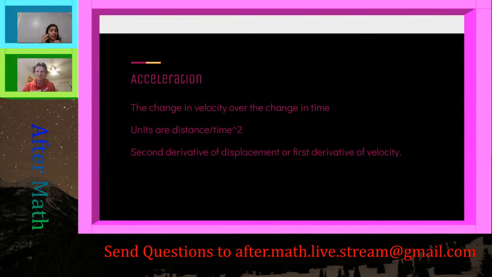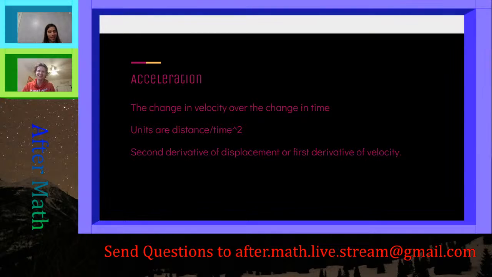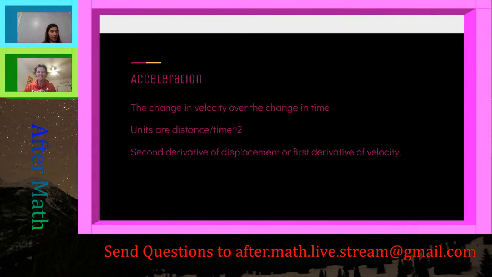So its acceleration would be 60 divided by 2 seconds, and you have to convert it to hours, which is 2 divided by 3,600, right? And you could actually figure out what the acceleration of that car was.